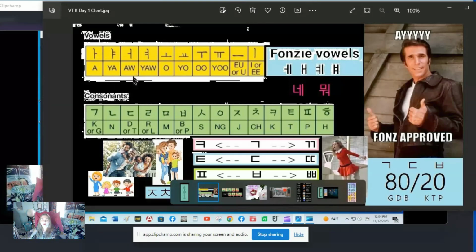Next vowel, we have the aw vowel. Now, it's romanized as an AW. Sometimes you see it romanized as an EO. That's how the English spelling of sol, the state of sol, got its spelling. What I used to do, and this helped me in particular because I grew up dyslexic.